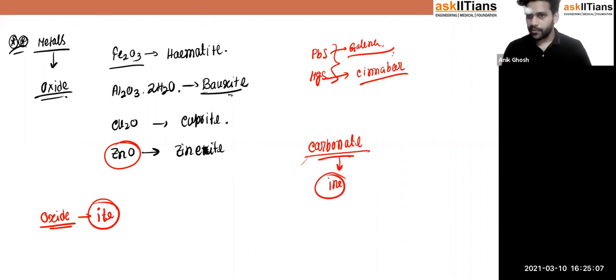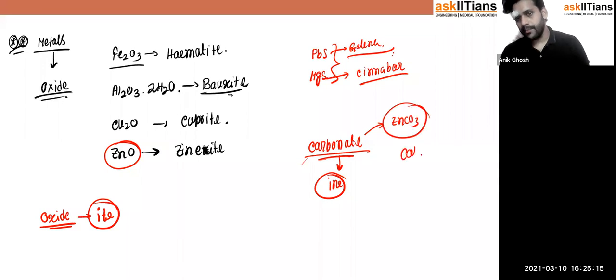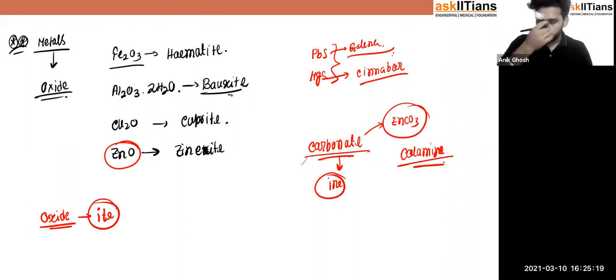So let's understand some of the carbonates, like we can say ZnCO3. This is called calamine. This is a very good carbonate from which we can take out the metals.